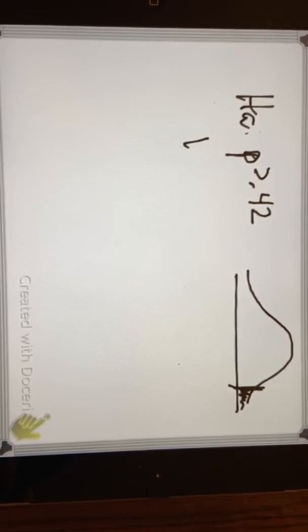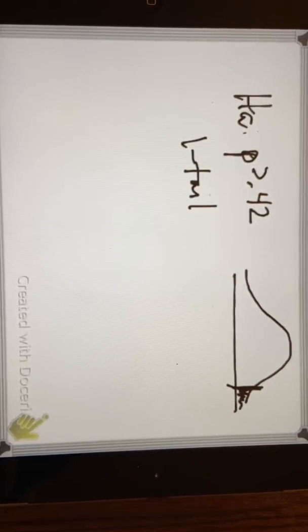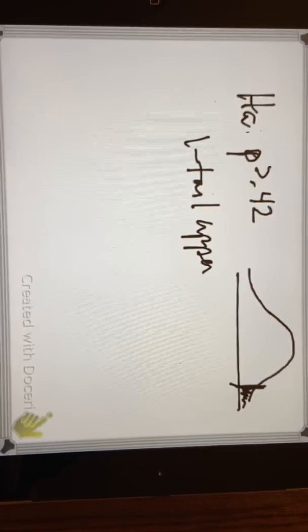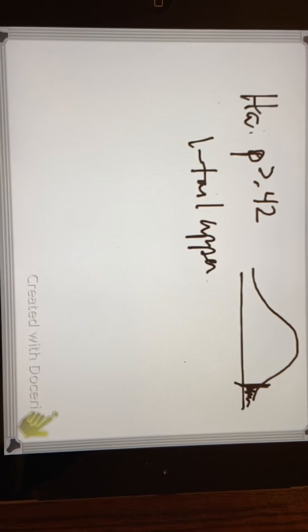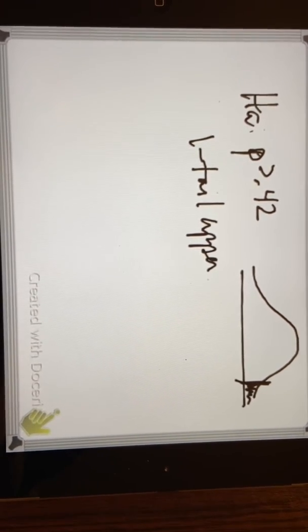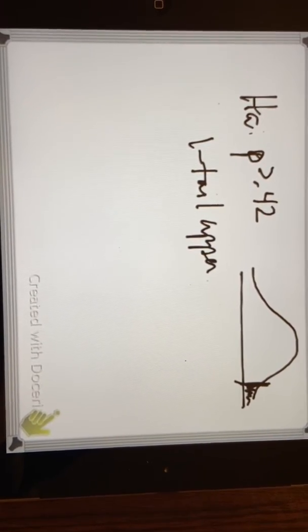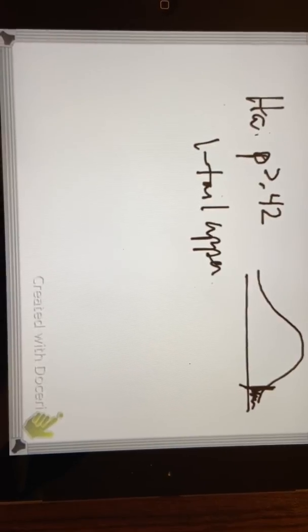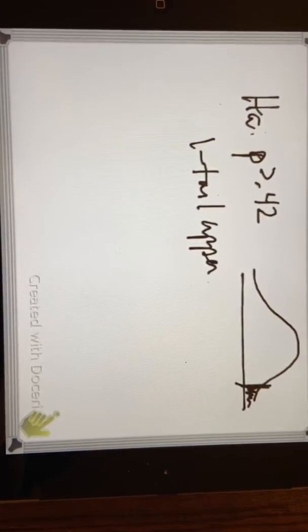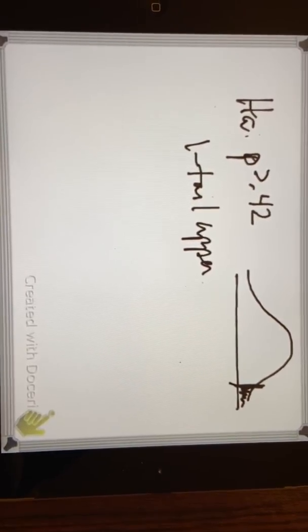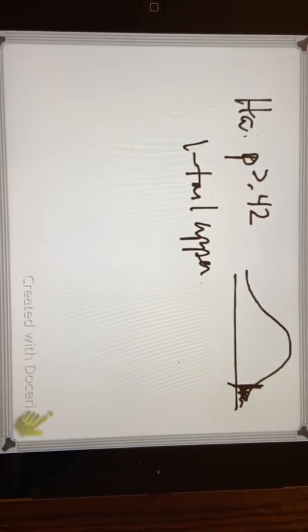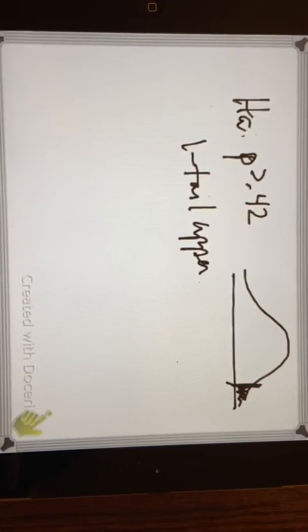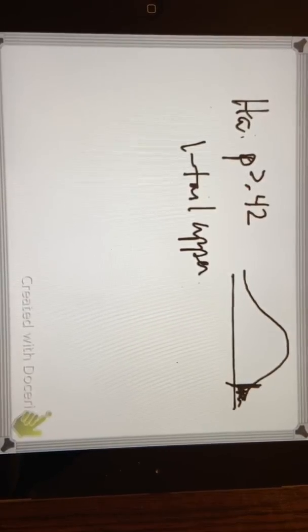So we are one tail upper. Okay, and it says, explain why you choose that kind of test in this situation. The companies will change strategies only if there's strong evidence of an increase in female participation rate, as opposed to their current 0.42. So that's why we're choosing that alternative, because we want to possibly show that.